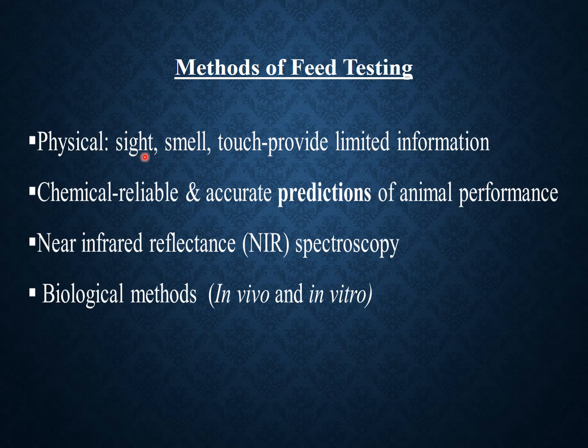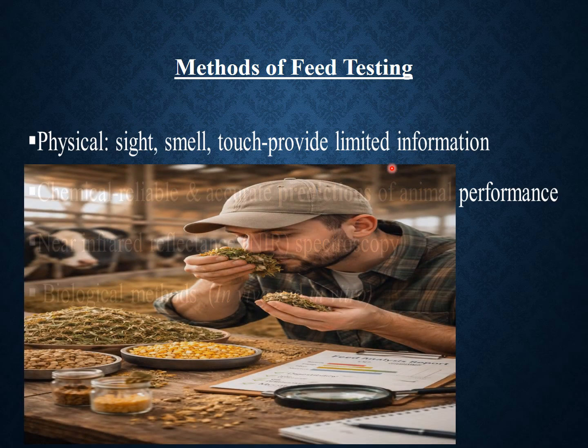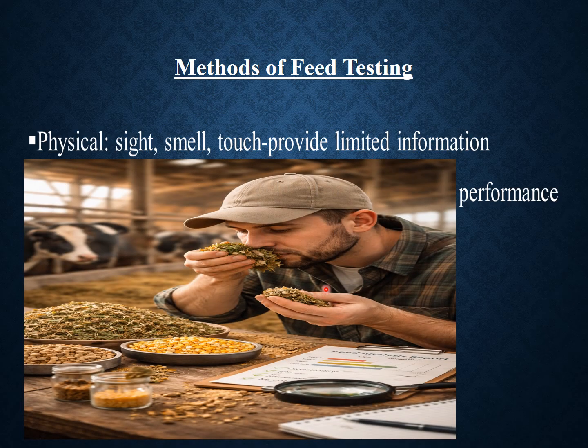You see the forage or the grain or whatever the feedstuff is, and you smell whether it has a bad smell or a normal smell, and touch it also. This test provides limited information. You use your senses and your experiences.